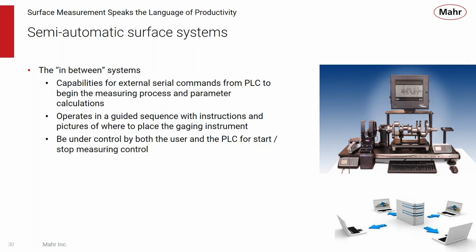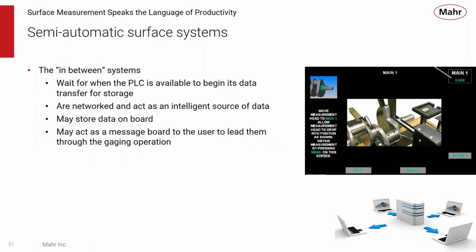It operates in a guided sequence where the operator is shown pictorially where to place the gauging equipment. So therefore, it's under control by both the user and the PLC for the start and the measuring control. So through a pictorial user interface, the operator can be guided through the measuring process, but the PLC is collecting all the measurement data for him.